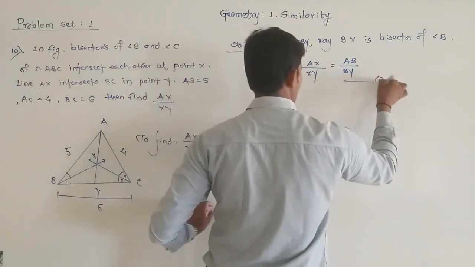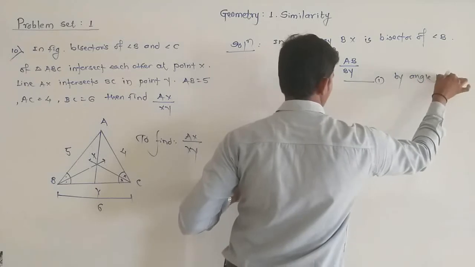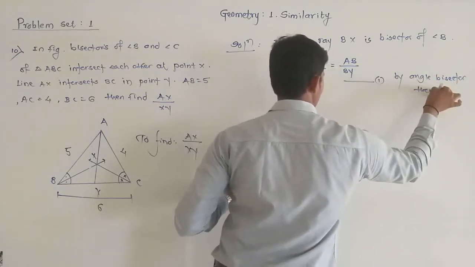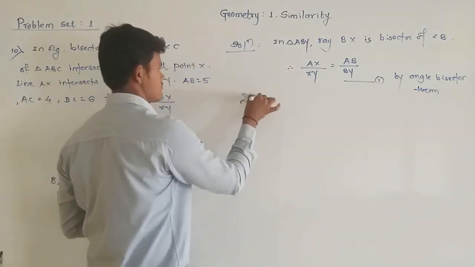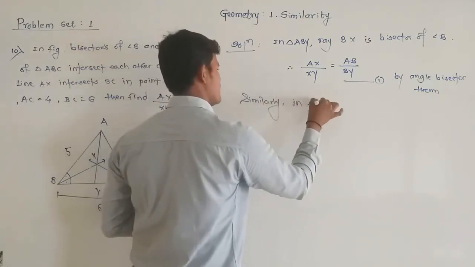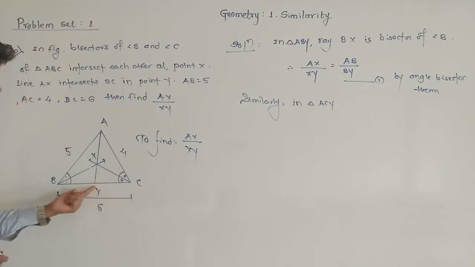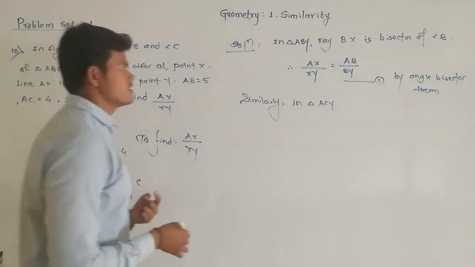This is equation number 1 by the angle bisector theorem. Similarly, in triangle ACY, here also ray CX bisects angle C.